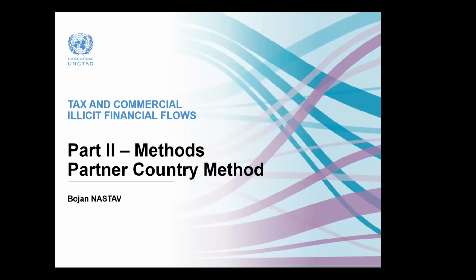In some of the studies, it has been shown that both methods, so partner country method and price filter method, even though they would be addressing or trying to measure the same type of tax and commercial illicit financial flows, they do produce different results, which can be anticipated to a certain degree, as, for example, partner country method may in its purest form have a higher probability of taking other factors into account, so other than the illicit financial flows.